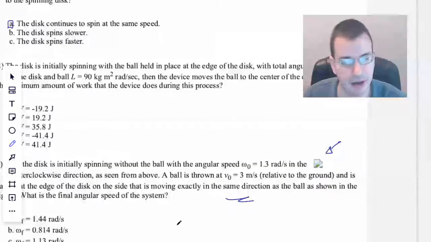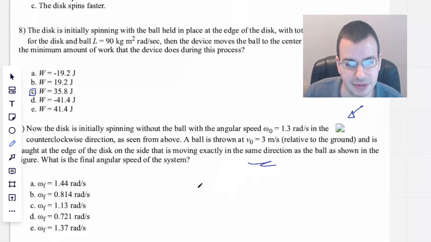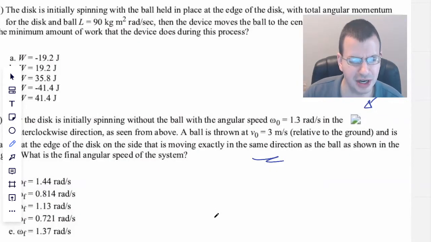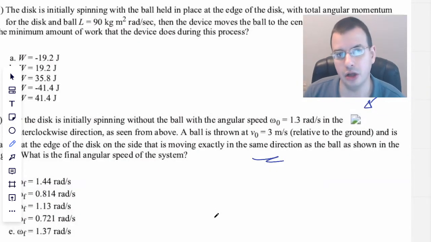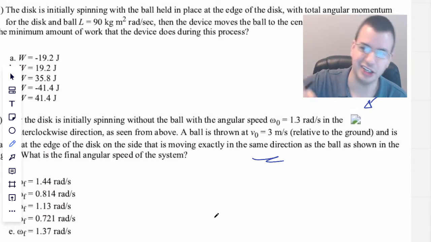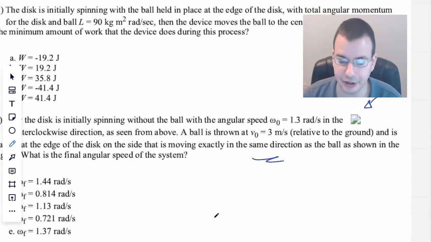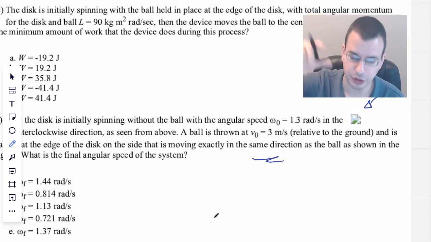So we're going to start by converting the speed of the ball to an angular speed. You might be like, wow, it's moving in a straight line, how's there an angular speed? Well, once it gets caught, it starts moving in a circle, a rotational manner, and that circle will have an angular speed.